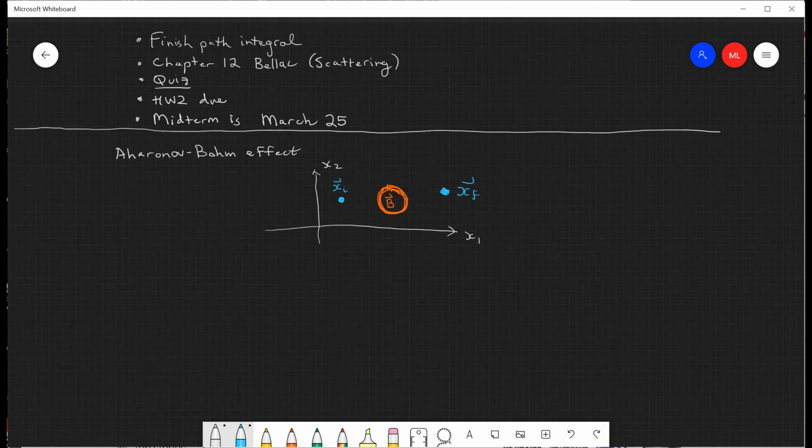And remember, the path integral tells you that the probability amplitude associated with propagating from that initial spot to the final spot depends on all possible paths that go between those 2 points. So it'll turn out that the path integral gives us a good way of understanding this problem that would otherwise be sort of tricky to deal with in other pictures, which I think you could.